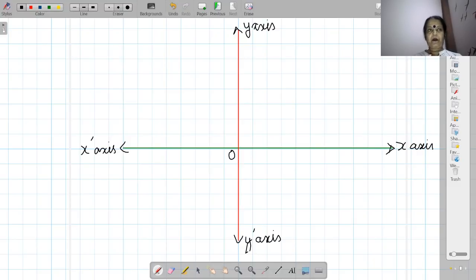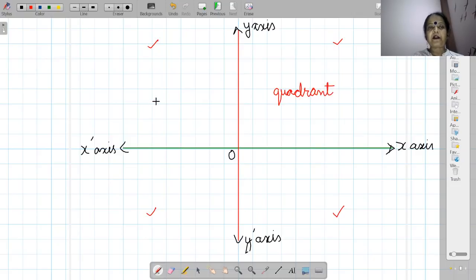Now, what do you observe over here? How many parts do you get? There are 4 parts you are getting here, isn't it? These 4 parts are called quadrants.